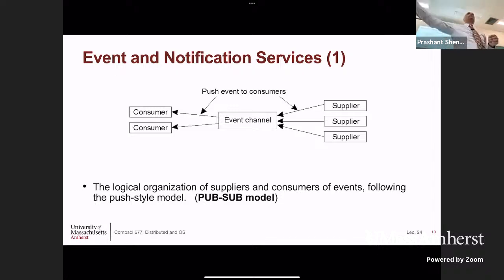If so, it will deliver it to every consumer that has subscribed to that event. So think of the event channel as a buffer that sits between the producers and the consumers. Producers generate data and put it in the buffer, and then the event channel tries to figure out, of all the buffered data, who should receive it. Those are your consumers.